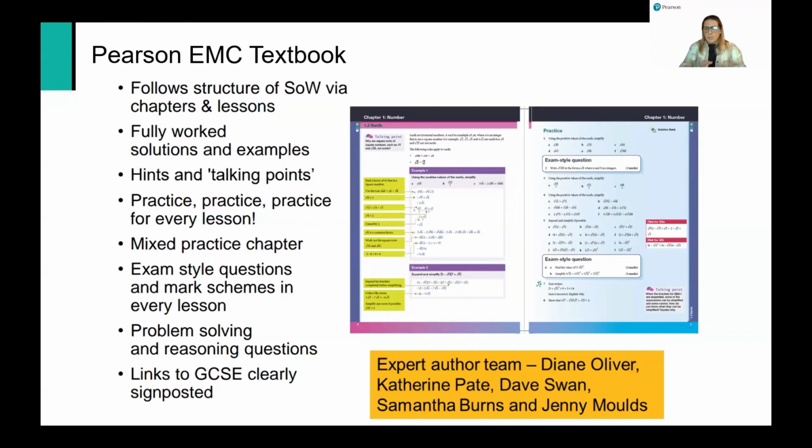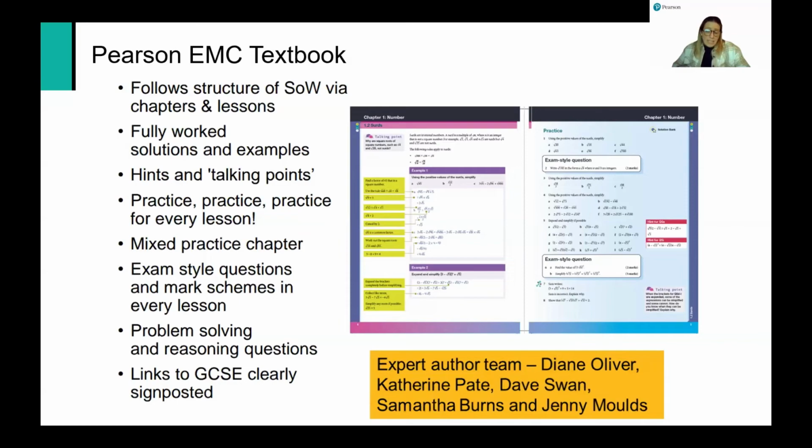In the top left and bottom right corner you can see talking points. The top one on the left is chapter 1, looking specifically at surds. The talking point asks why are square roots of square numbers, like root 4 and root 5, not surds, for example? So it gets them to talk about interesting maths concepts.